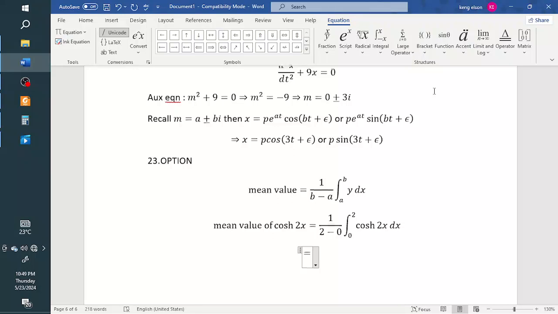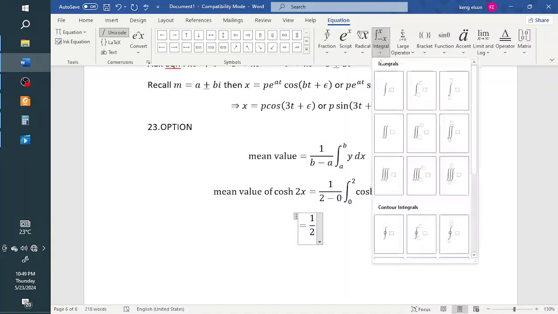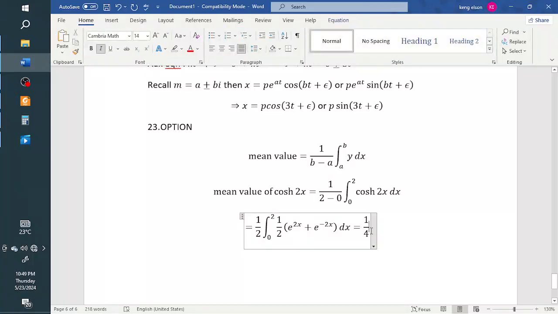So what do we have? We have 1 over 2. Now cos 2x, right, is the same as half times e to the 2x plus e to the negative 2x. Okay, so the halves will give us 1/4. When you integrate e to the 2x, you just have half e to the 2x.